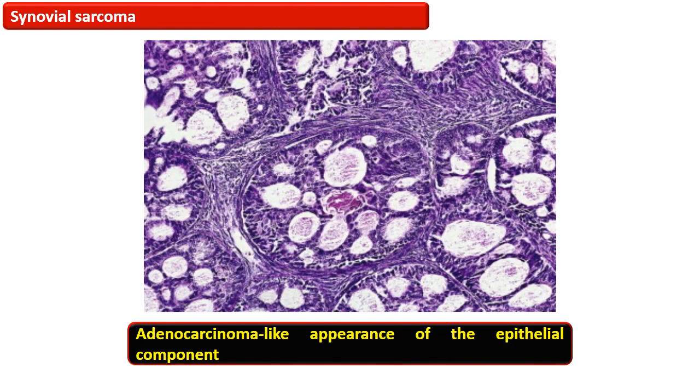This photomicrograph shows the synovial sarcoma with an adenocarcinoma-like appearance of the epithelial component. In synovial sarcoma, there can be associated hyalinization, calcification, or osseous metaplasia. When there is heavy calcification present, it is termed calcifying synovial sarcoma.